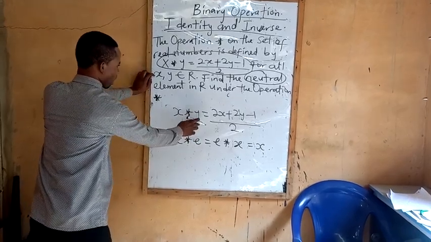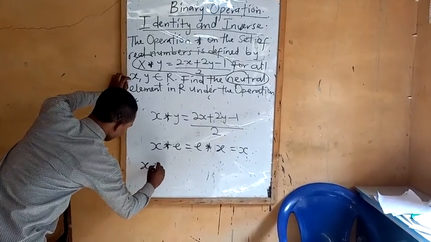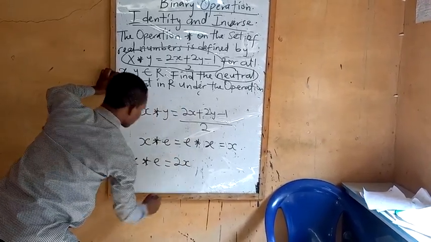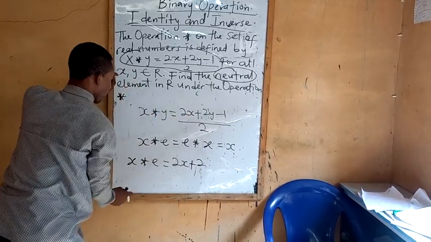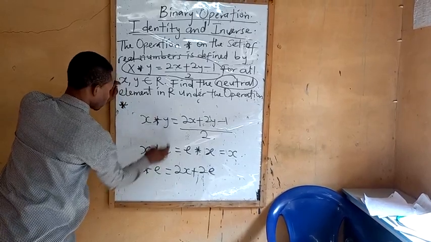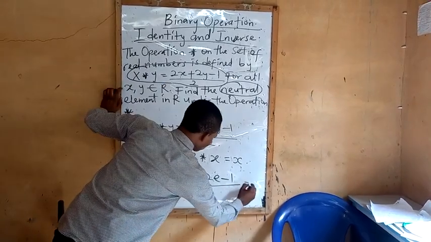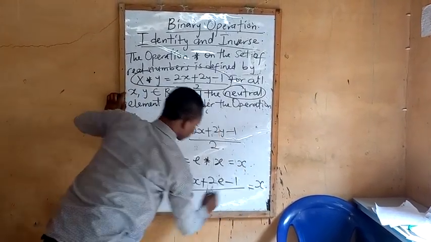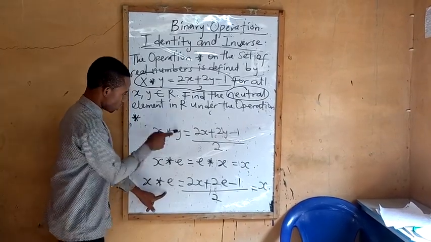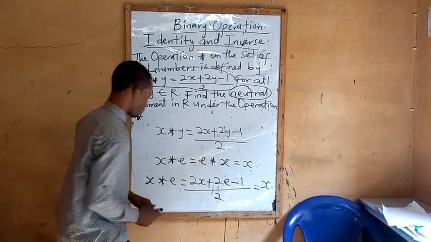So anywhere I see y, I'll put the identity, which is E. That means x asterisk E equals 2x, plus, in place of y I put E, 2E minus 1, all over 2, and everything equals x, according to the formula.